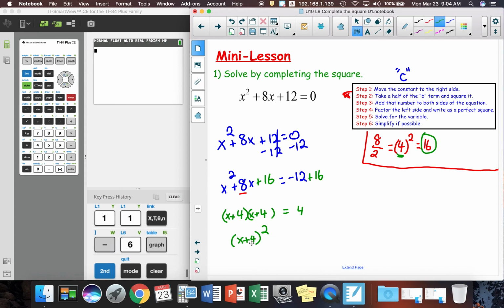We turned it into a square and then equals 4. It's at this step here where we can simplify everything based off of the method that we did before, the square rooting method. So let's do that. Since I have a square, I'm going to take the square root of both sides. Square roots and square roots.